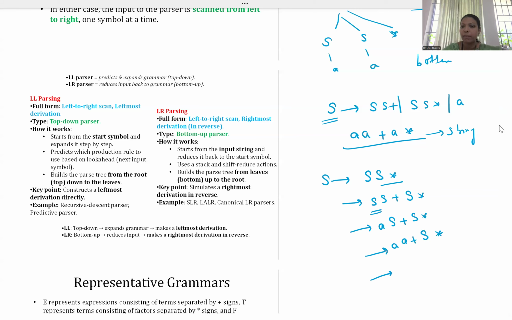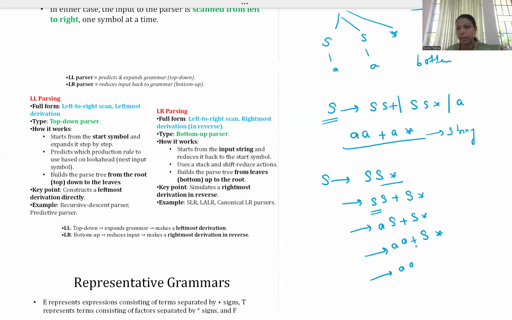Then what is the next leftmost non-terminal? We'll discuss what is terminal or non-terminal. What cannot be further derived is a terminal; what can be further derived is a non-terminal. So plus cannot be further derived, so that is a terminal. But this capital S can be further derived into all these three options, so that is why we call it a non-terminal.